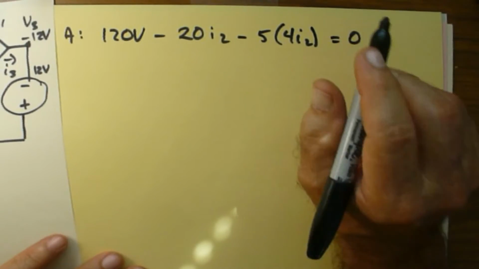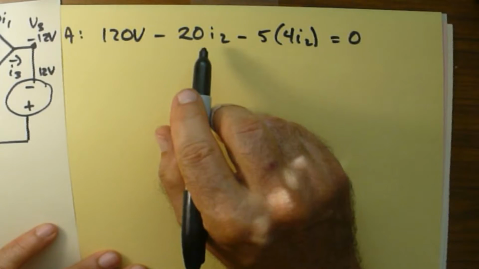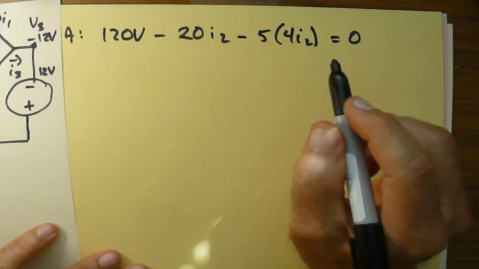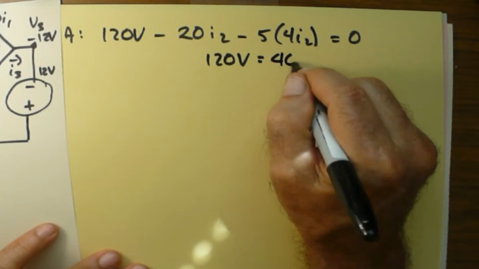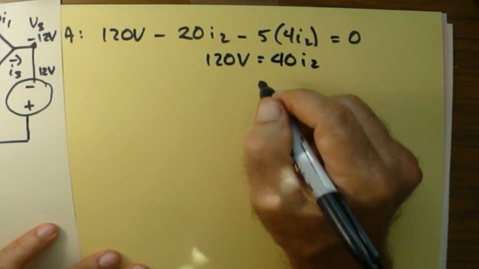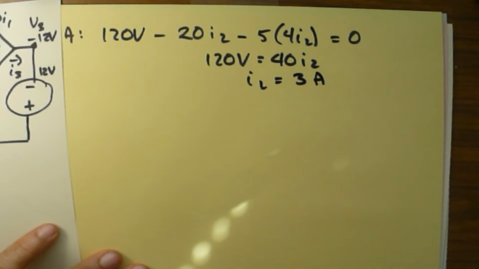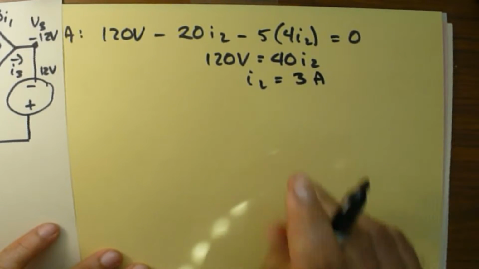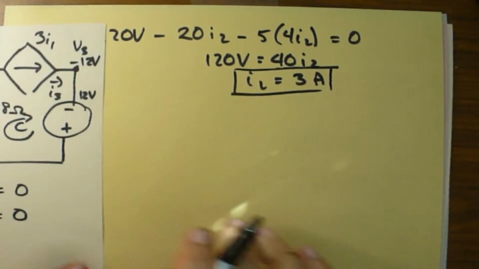A little bit of simple algebra here: minus 20 minus 20 is minus 40, so 120 volts is equal to 40 times I2, or I2 is equal to 3 amps. Okay, so that solves I2.